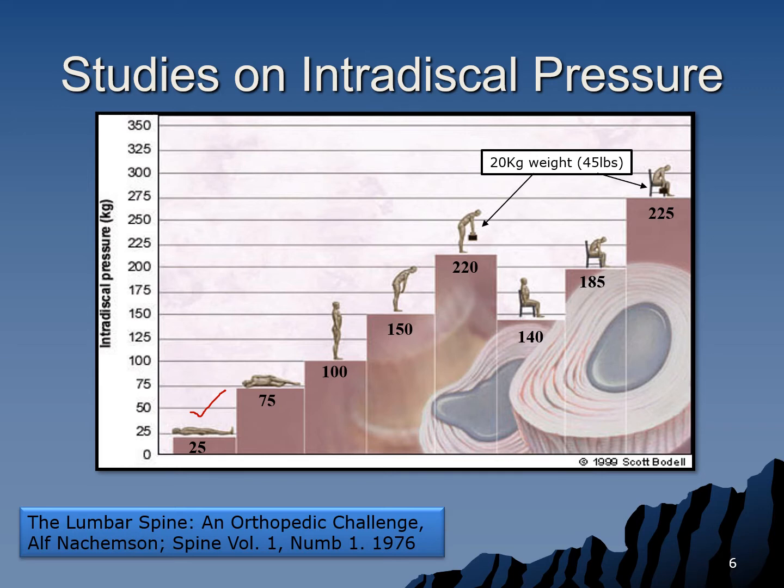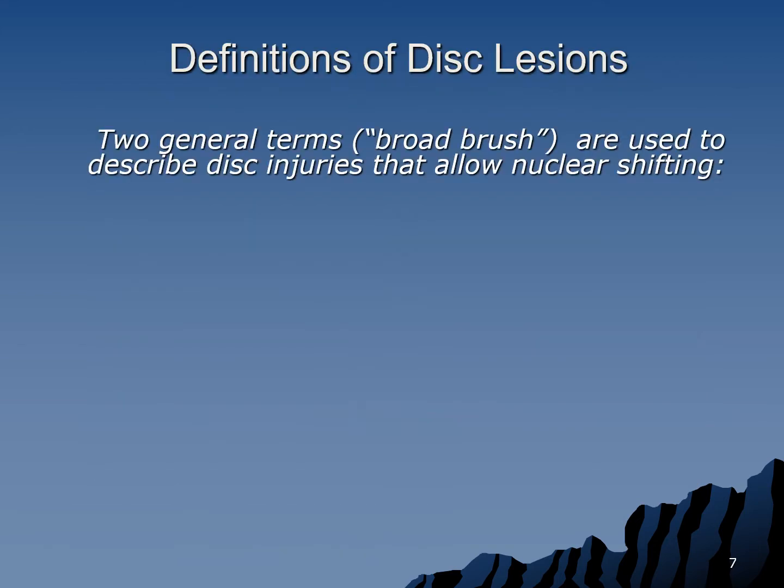And then the highest is when they were seated in a forward flexed posture with 45 pounds of weight displacing their body and compressing it even further. The takeaway is, we don't want the patient to sit, because when they sit, the discs express significantly higher intradiscal pressure than when they're laying on their back side.